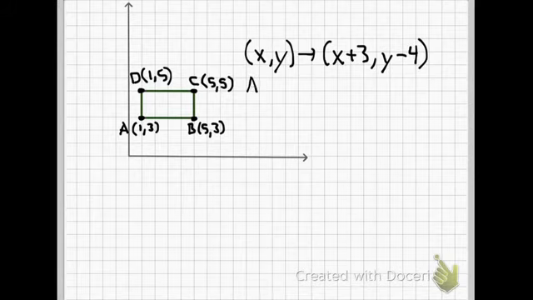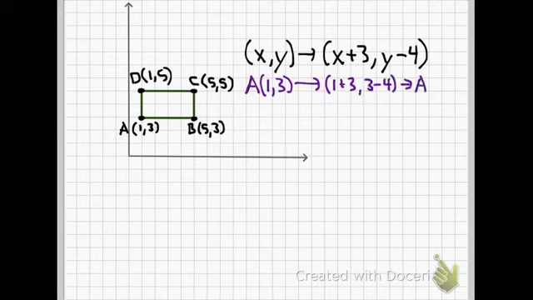A was 1, 3. If I plugged that in, I would get 1 plus 3 and 3 minus 4, which would give me that A prime, the image, is going to be the coordinates 4, negative 1.